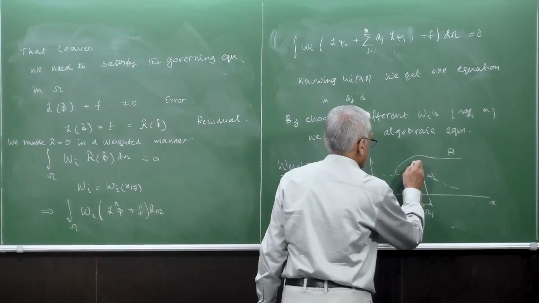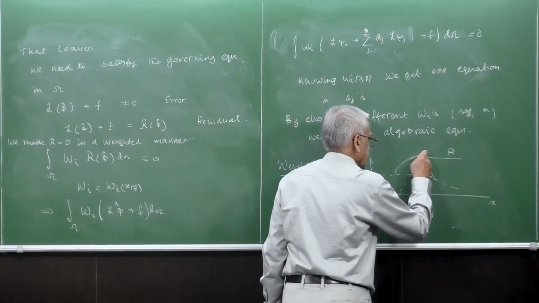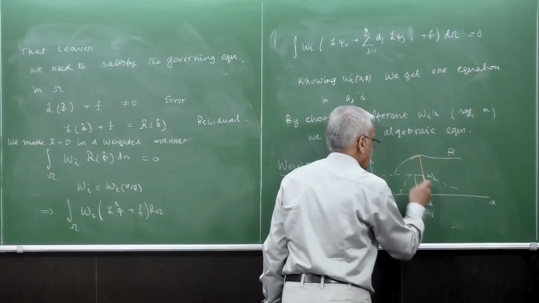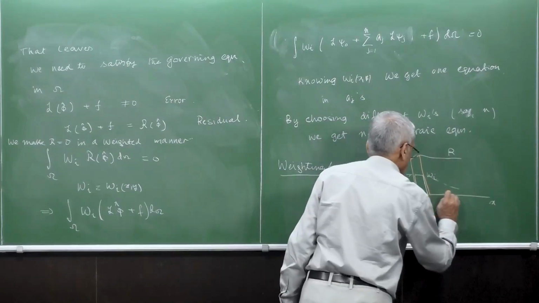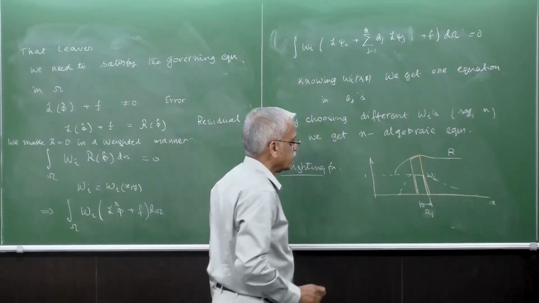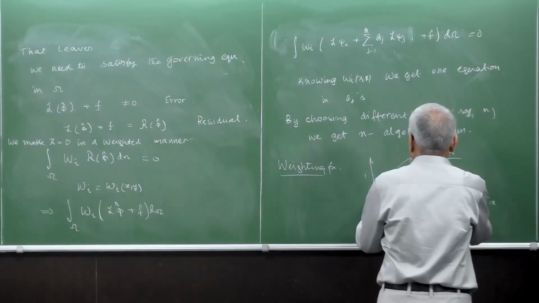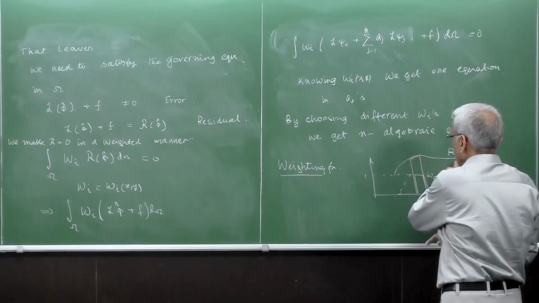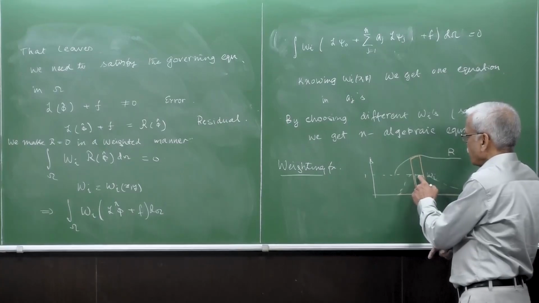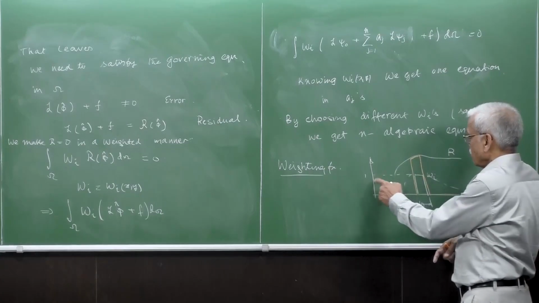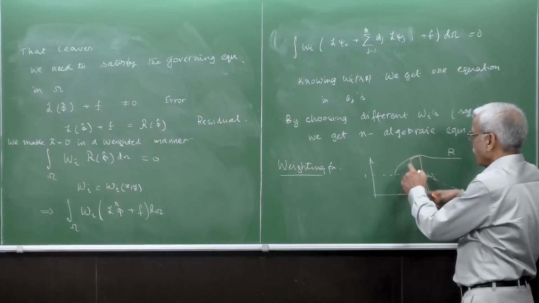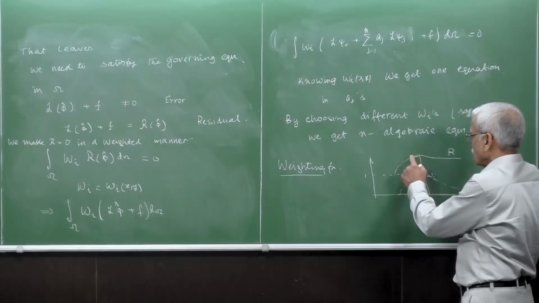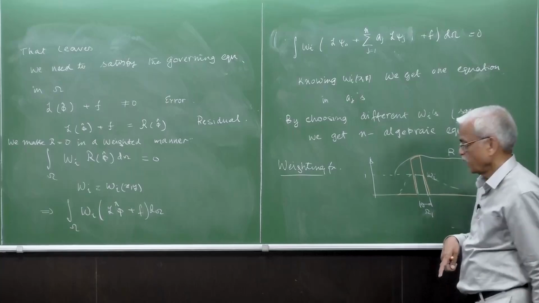So what you are going to get is, the interesting part here, that though the residual is like this one, by multiplying with this weighting function equal to 1, what you get is a product of these two, which looks like this brown thing, right?